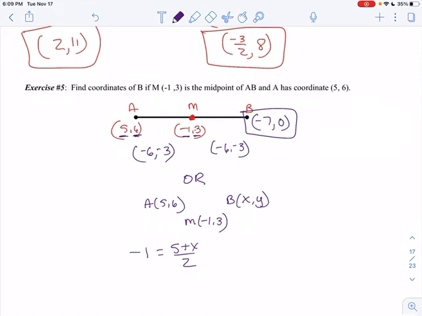So I'm still using my midpoint formula, but I have an unknown. One of the things is still x, but I know the answer. The answer is negative 1. And then I just cross multiply this. Negative 1 times 2 is negative 2, and 1 times 5 plus x is 5 plus x, so x equals negative 7. So you're setting up two separate equations, one for the x's and one for the y's, and you're going to solve.